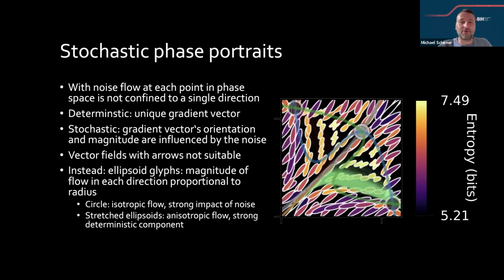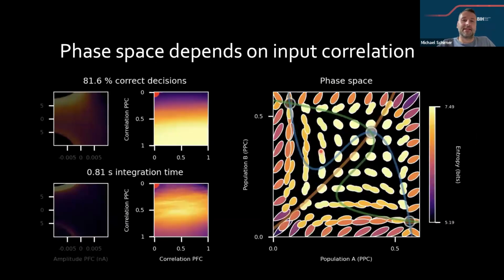It's more like such a glyph that we see here, pointing predominantly in a certain direction, but sometimes also in other directions. And these glyphs can get rounder, so there's no real dominant direction, or they can get more elongated, where there's a more circular flow, a more laminar flow. And so here we can see this in this video. So here we start with relatively circular flow. It's very round.